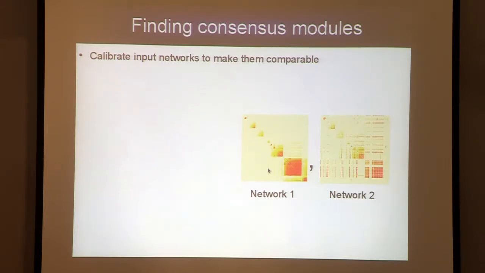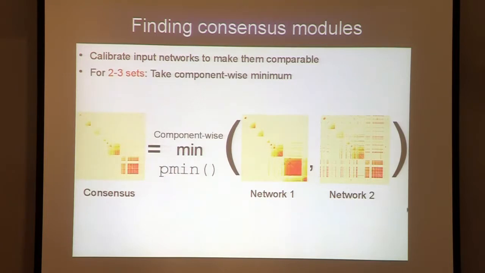Okay, and so we want to find the consensus similarity, which means that two genes will be strongly connected in the consensus network, which will appear here in a little bit, only if they're strongly connected in both networks. So a very simple solution is to just simply take a component-wise minimum, or if you were to run R, you would use the function pmin.